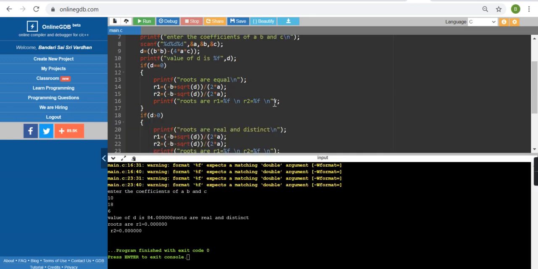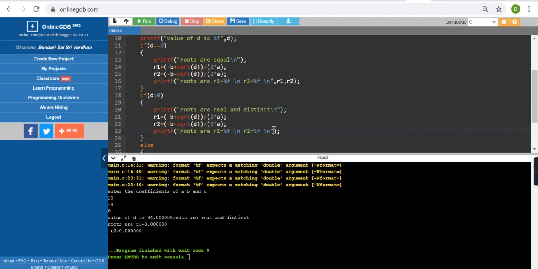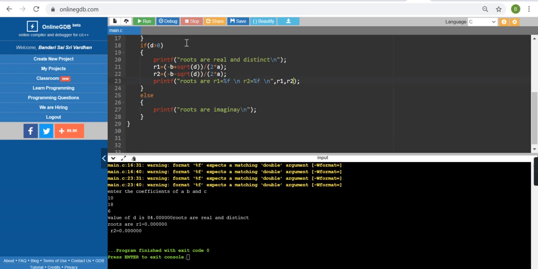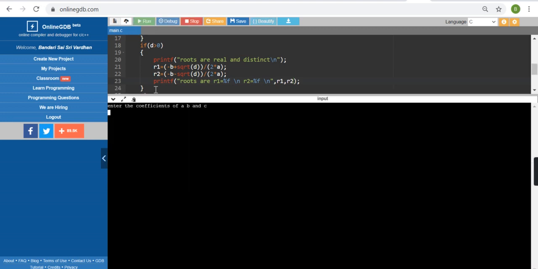Here in the printf, I have given %f, but after that I have not given what should be printed here. So in place of this %f, what should be printed? R1 comma R2 should be printed. These are the errors which I made intentionally. So now you can see there are no more errors.